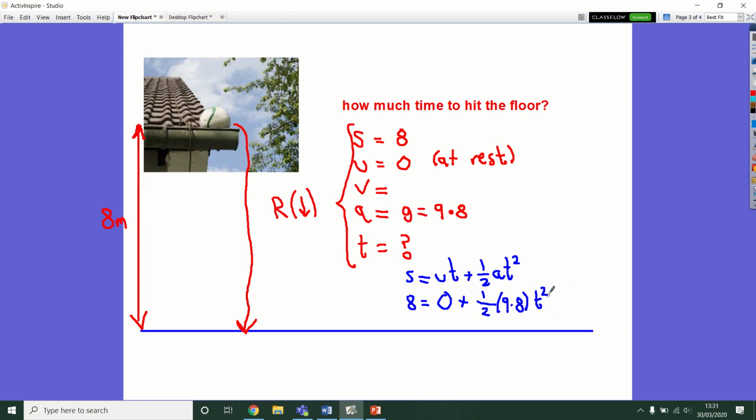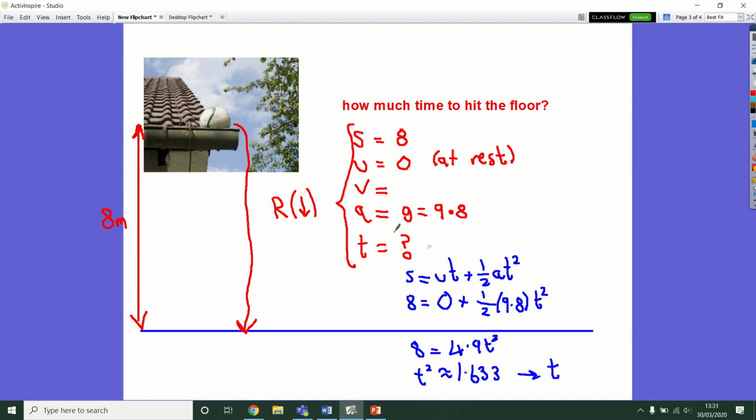Okay, then it's just a matter of solving for T. So I'm going to tidy up. Half of 9.8 is 4.9. I'm going to divide by 4.9. That gives me about 1.63, which is t squared. It's roughly 1.633. Take square roots.